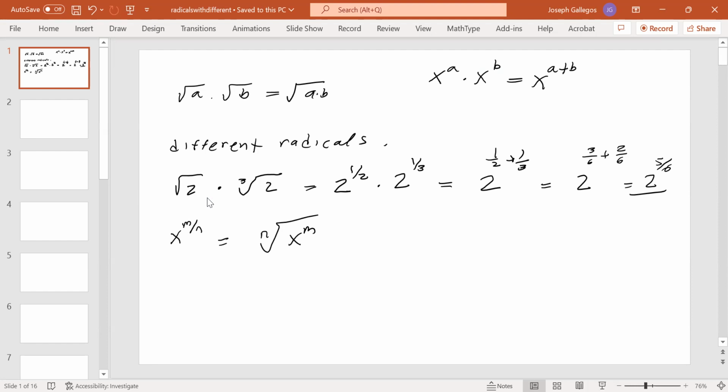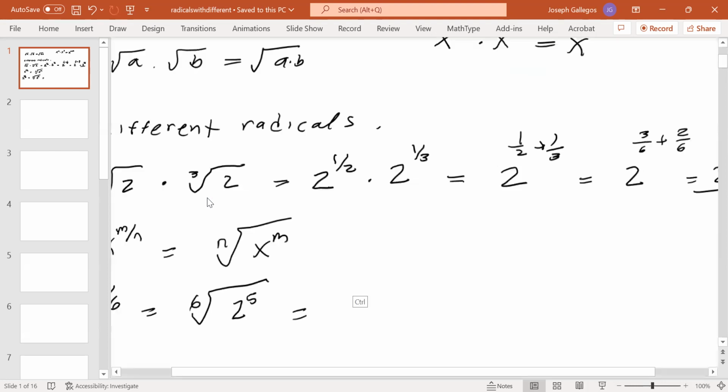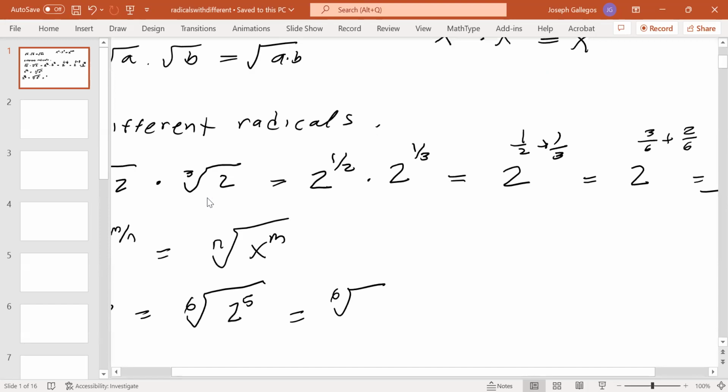And so 2 to the 5/6 is the same as the 6th root of 2 to the 5. And 2 to the 5 is 32. So this is the 6th root of 32 as a solution.